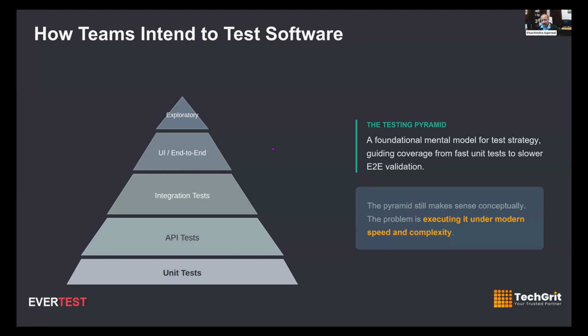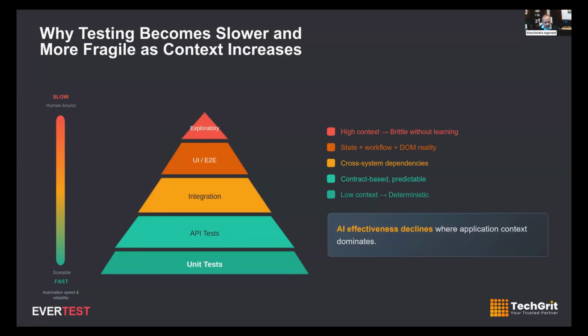And I'm going to base our discussion on this pyramid. What we are seeing is that for unit tests and API tests, the tooling has been pretty good, and with AI, this has become even better.